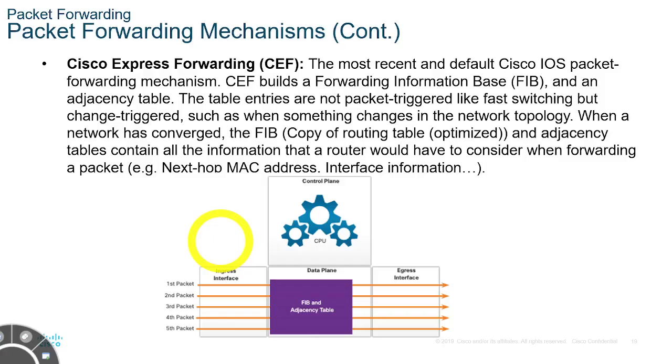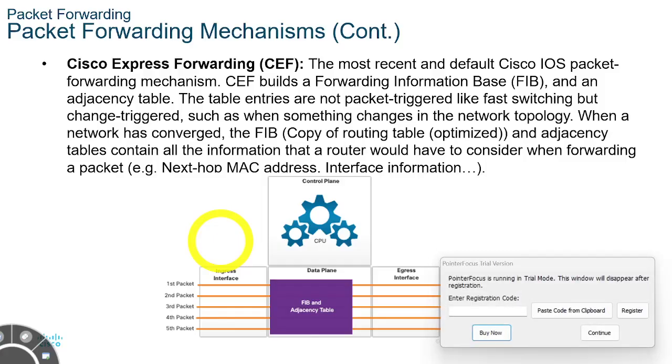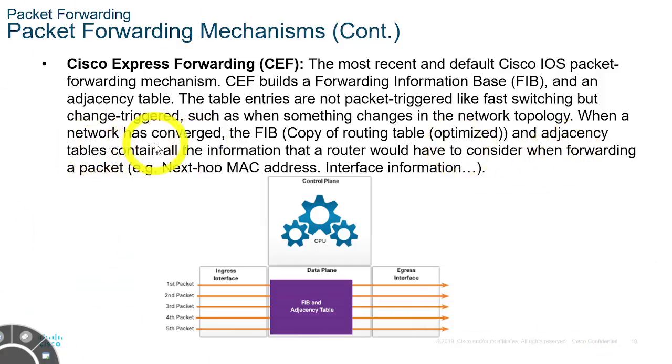So the network will converge when it becomes stable. Once we have created the stable topology of the network, the adjacency table contains all the information that a router would have to consider when forwarding a packet. For example, next hop, MAC address, interface information, everything.